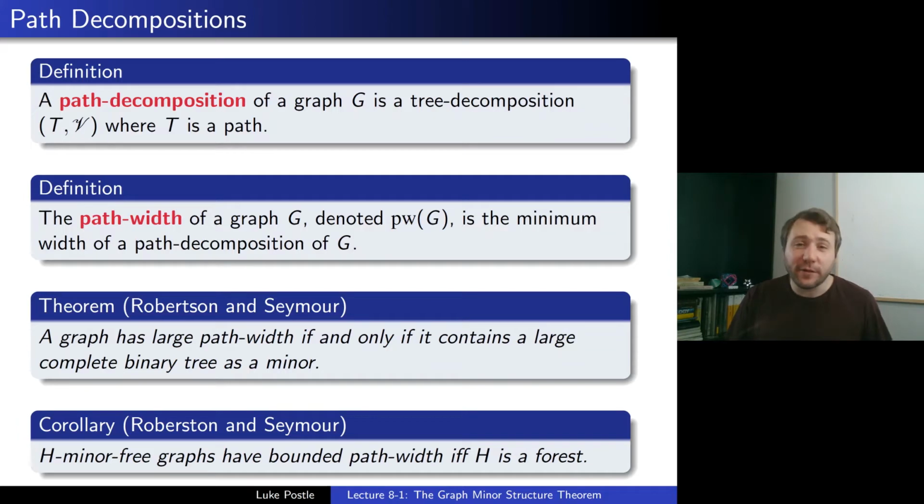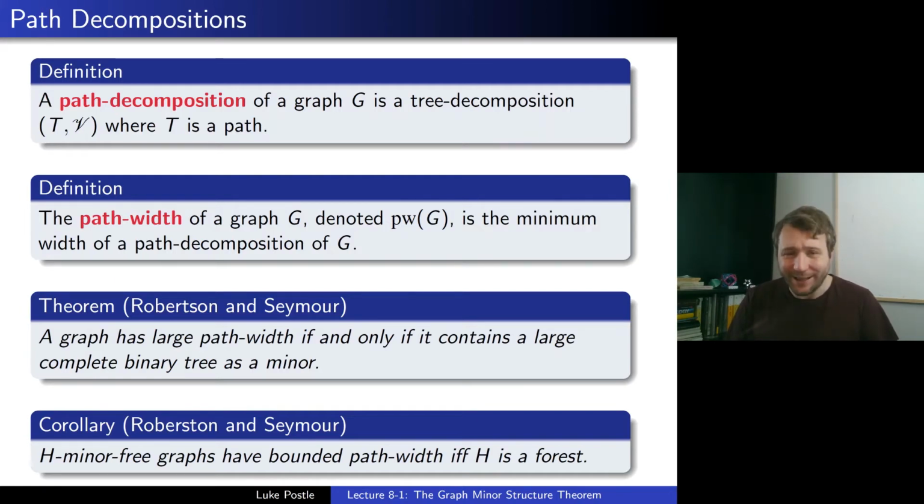And if you aren't forbidding a forest, then really you're allowing all the complete binary trees, because then they'd have a cycle, so you'd have all the binary trees, and you'd have large path width. So that's an easy corollary of their theorem. So, analogs of the grid theorem, analogs of the planar structure theorem. If you forbid a graph as a forest, not only do you get bounded tree width, but you get this additional bounded path width as additional structure.